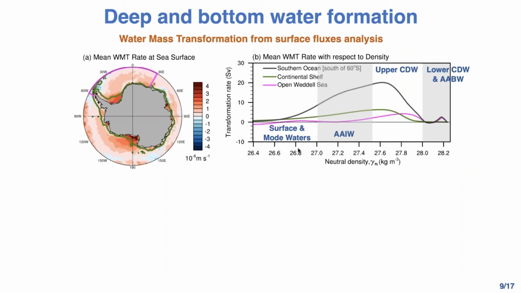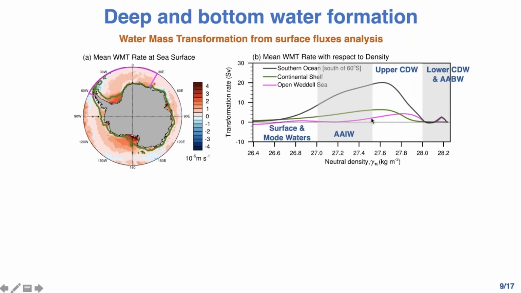Okay, and then what she did was to calculate the same quantity, but for the Weddell Sea region only. So that would be representative of the convection that is happening in the open ocean polynyas, and in the coastal shelf, the green region. So that would be representative of the water that's formed in coastal polynyas.